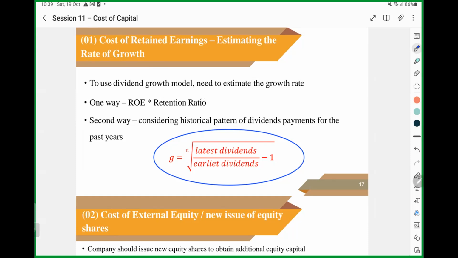Earlier we got the growth rate as ROE into retention ratio. That is one way of getting the growth rate. Another method is this: based on the dividend, you can get the growth rate.